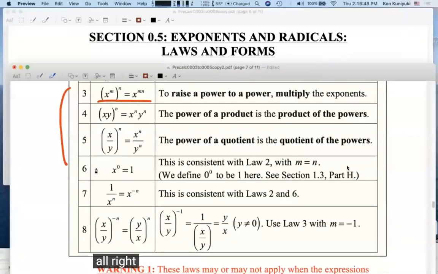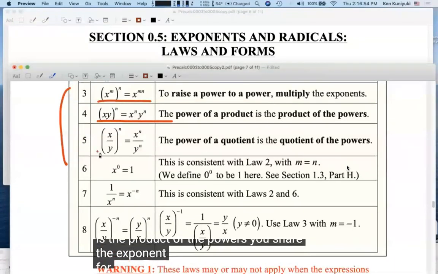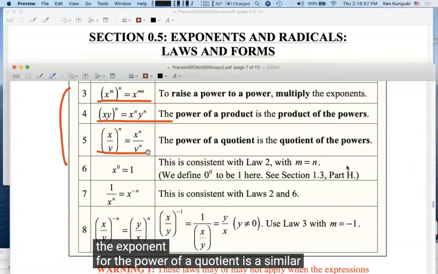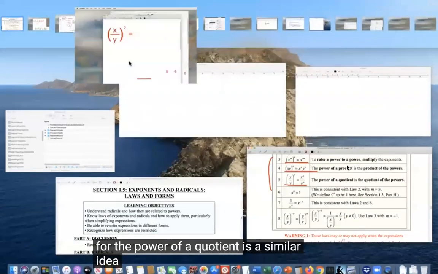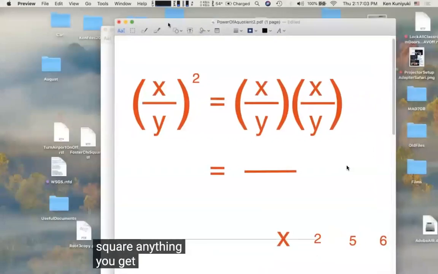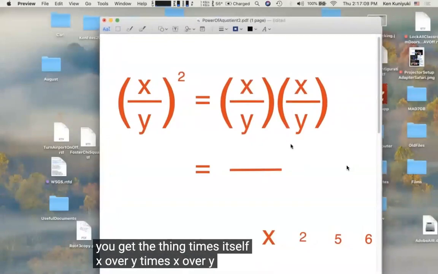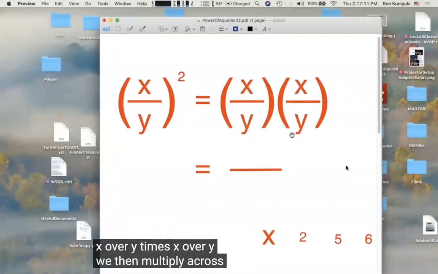All right. The power of a product is the product of the powers. You share the exponent. The power of a quotient is a similar idea. We have the square of x over y. When you square anything, you get the thing times itself, x over y times x over y. We then multiply across.